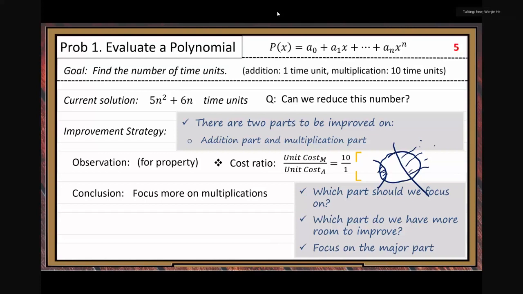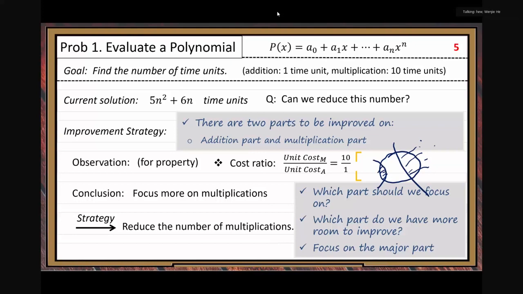How to do that is another question, and we will answer it. Next step: how to reduce the number of multiplications. We have set our strategy, our direction, which direction to go: we want to reduce the number of multiplications.